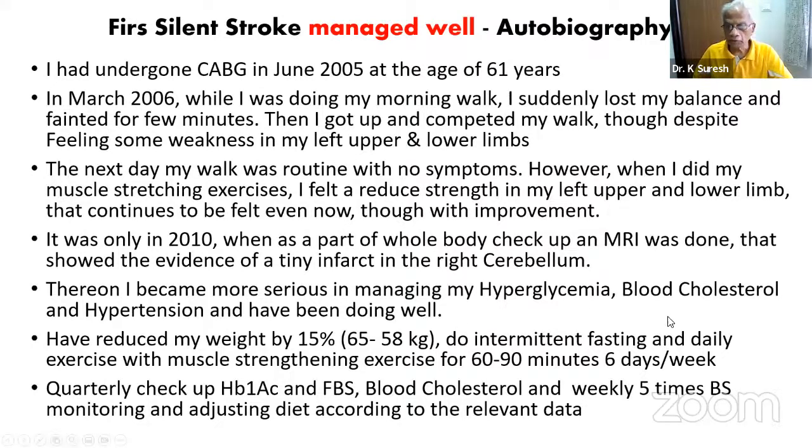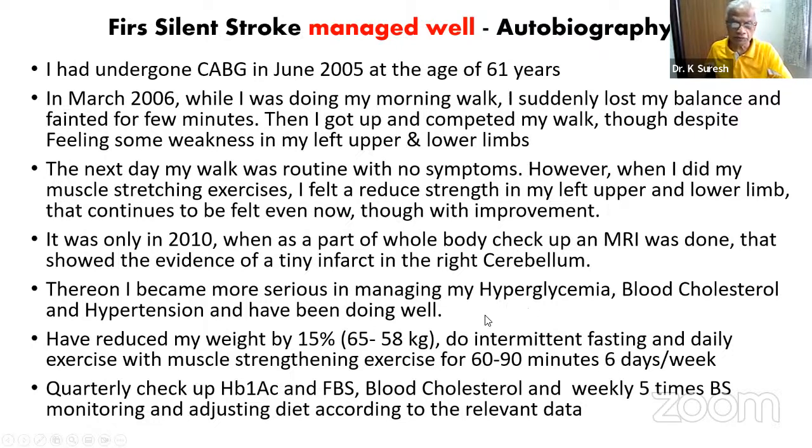The common thing we do is always advise people to reduce their weight by 15% ideally. I was 65 kg, today I weigh only around 58 kg, over the span of so many years, by doing intermittent fasting and daily exercise.